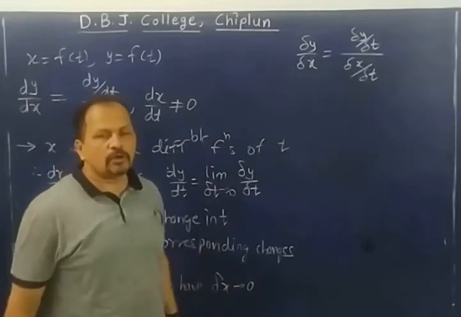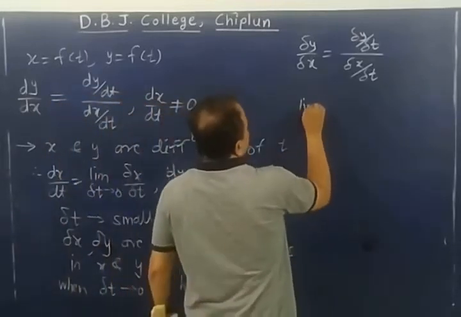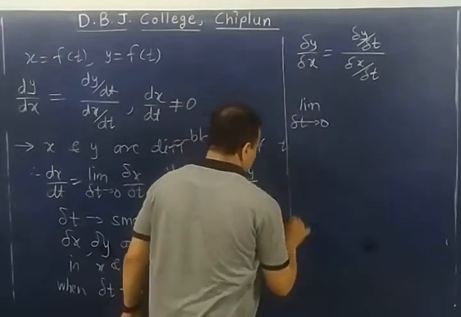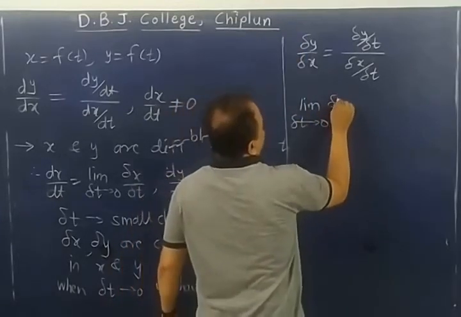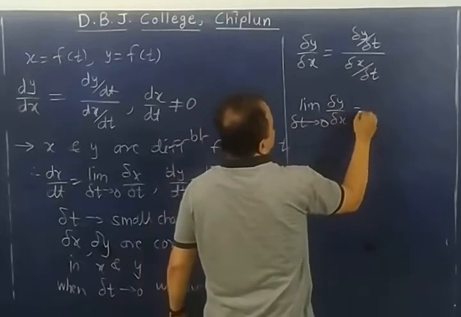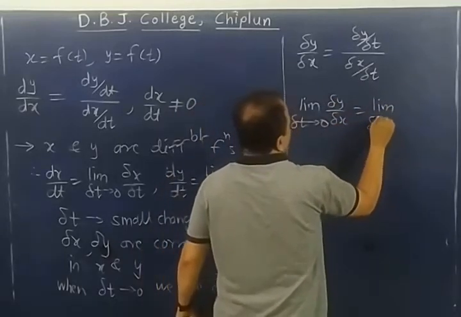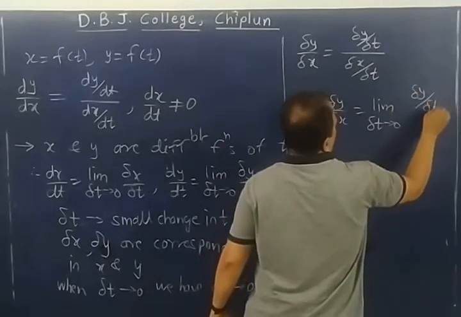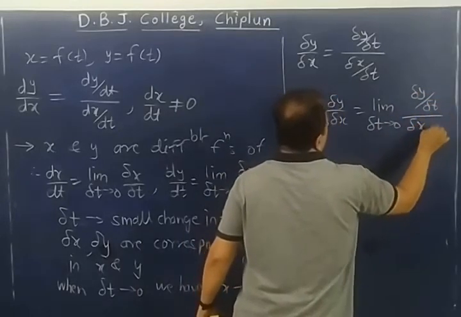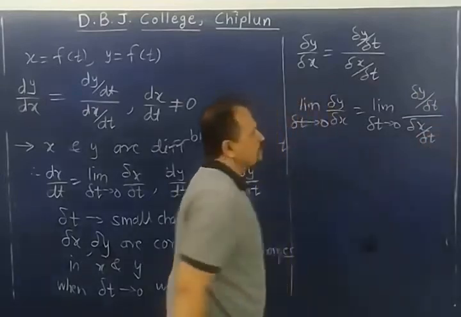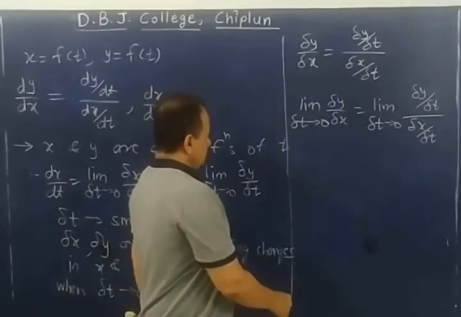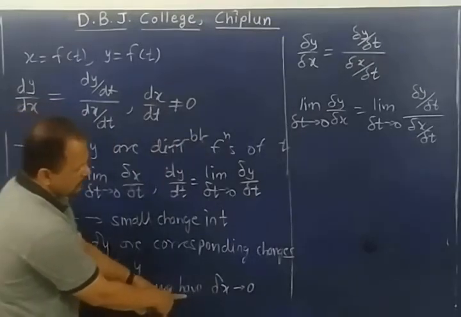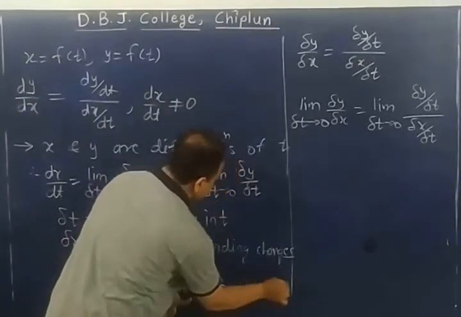Let us take the limit on both sides. Limit delta t tending to 0 of delta y by delta x is equal to limit delta t tending to 0 of delta y by delta t upon delta x by delta t. Now when delta t tends to 0, delta x tends to 0.